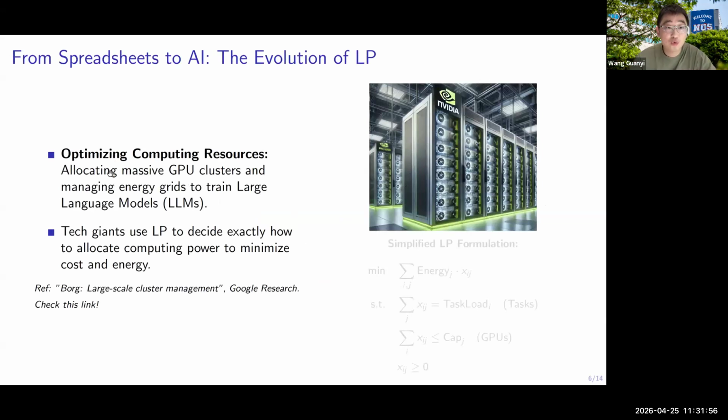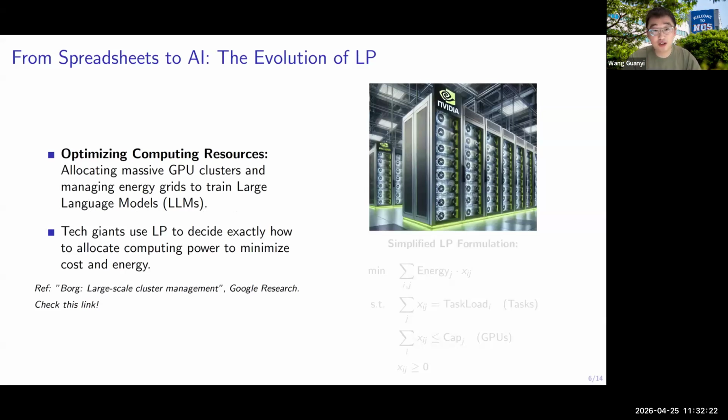Now, if you would like to train a large language model, you could consider yourself a CEO of a tech company. So you need to allocate the computation resources to different tasks of a large language model.